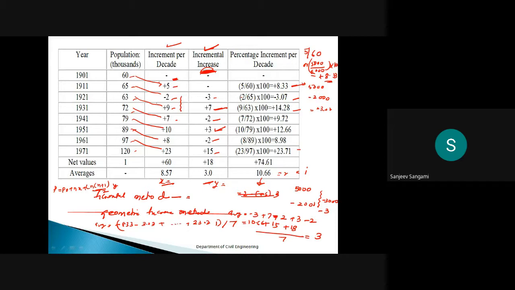Then again 9,000 to 7,000. Initially it was 9,000, then it decreased to 7,000. How much did it decrease? So it is minus 2. Why am I using minus 2? Because it decreased.